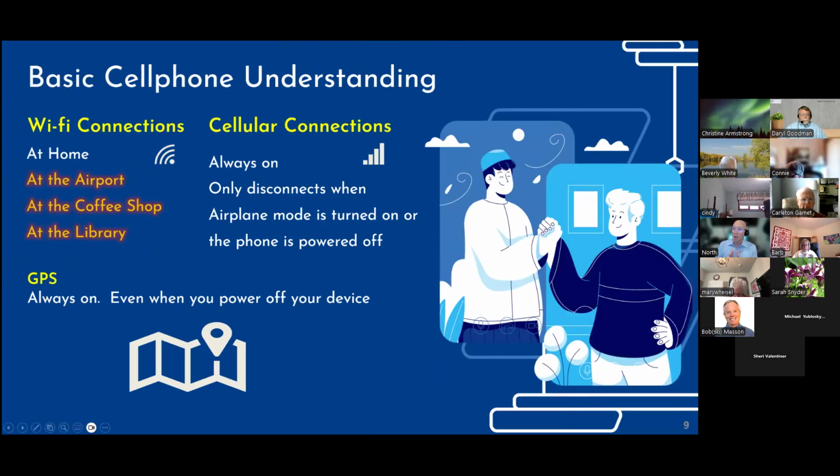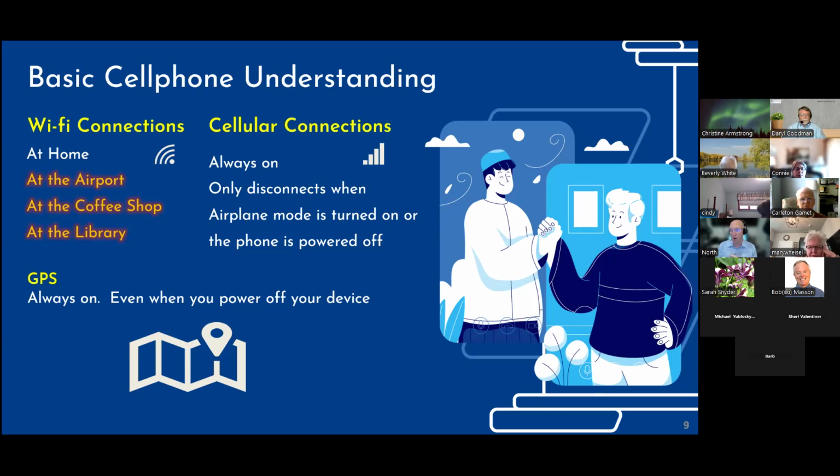Now, let's talk about Wi-Fi connections and risk before we get into the scams. Wi-Fi connections are, depending on your location, safe or unsafe. A private Wi-Fi connection at your home is generally considered safe because you control that Wi-Fi network, who can get on that Wi-Fi network, and who can access data on that Wi-Fi network.